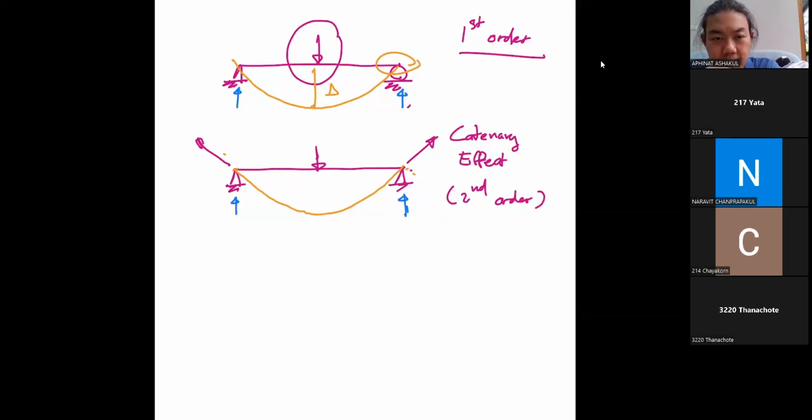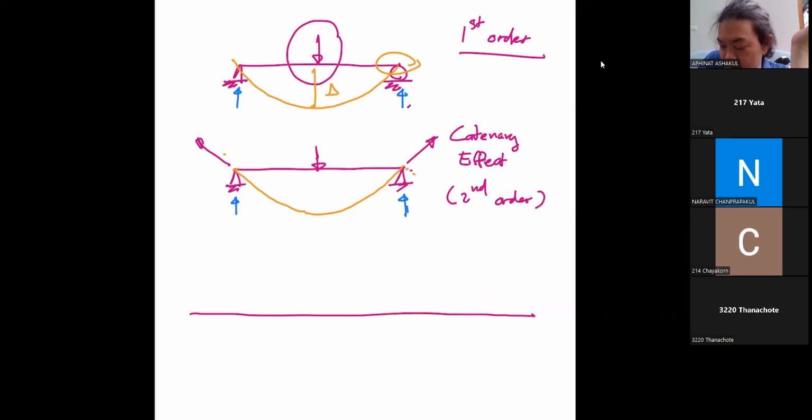So from time to time, when for example, we try to build a very long span structure, like a truss in the factory, it's long, and then you have the sun.